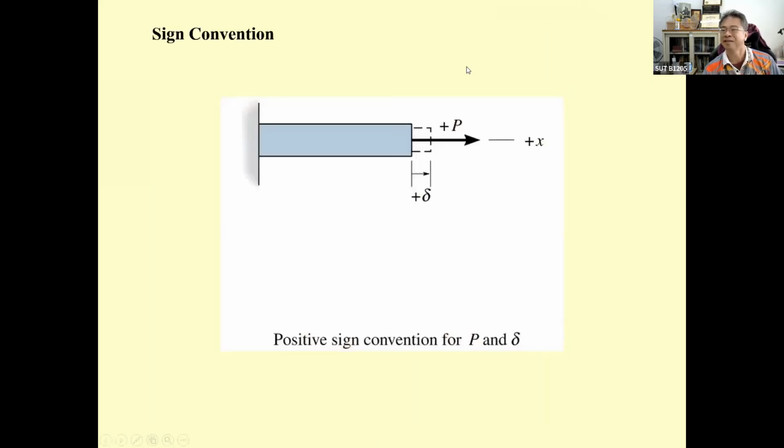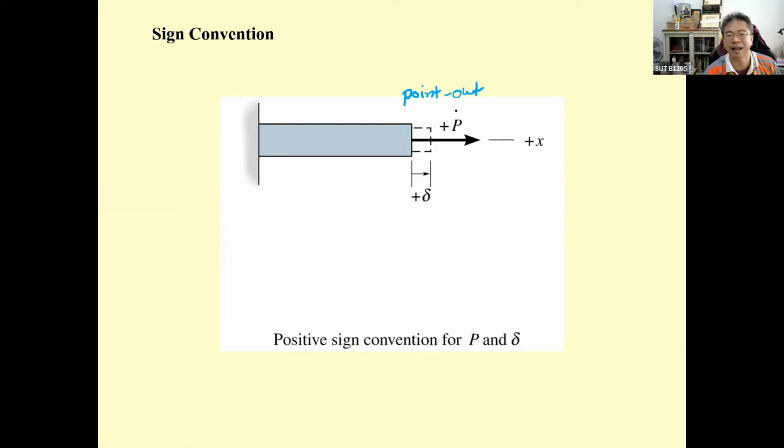Okay, sign convention. Axially loaded force can be of two types. One is in tension, another one is in compression. Any force that points out of our structural member is called tension.